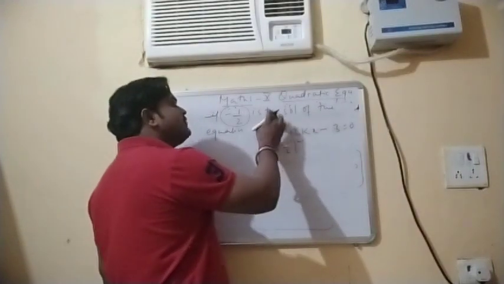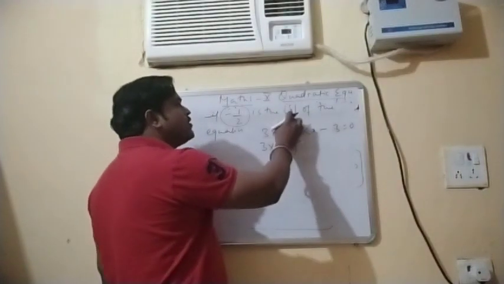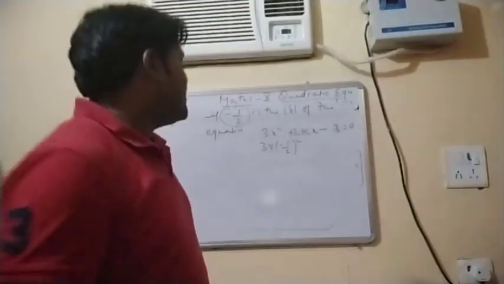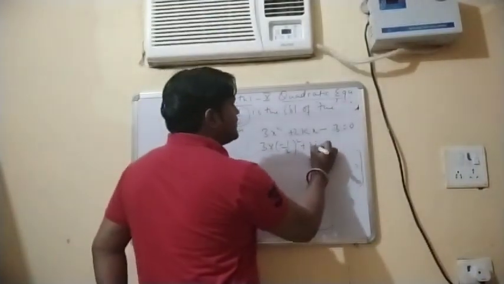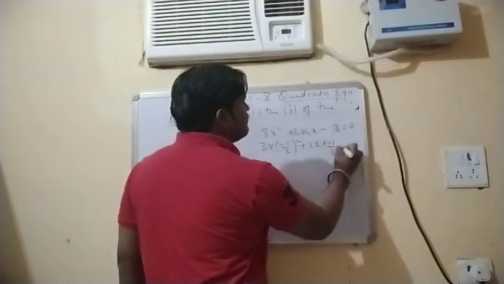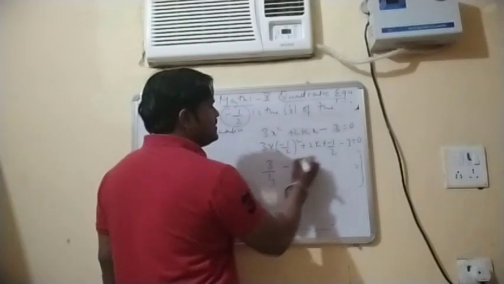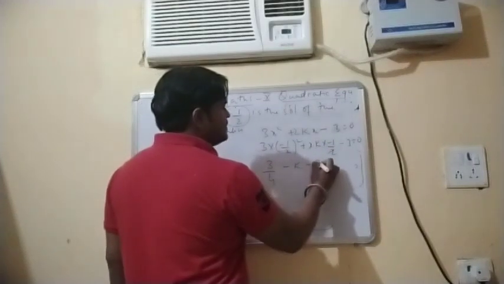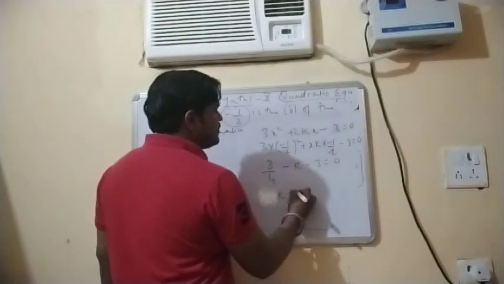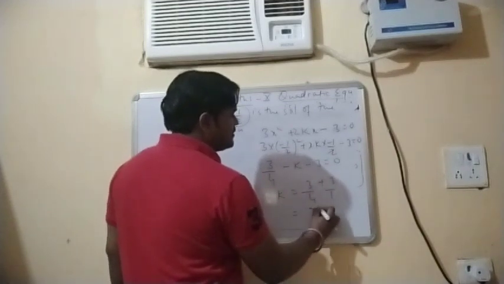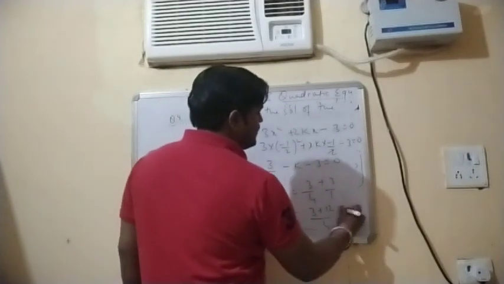If it was given that it is the root of the equation, then also what we'll do? We'll substitute the value in place of x. So this will be k into minus 1 by 2 minus 3 equal to 0. This becomes 3 by 4 minus k minus 3. So k will be equal to 3 by 4 plus 3, which is equal to 3 plus 12 by 4, 15 by 4.